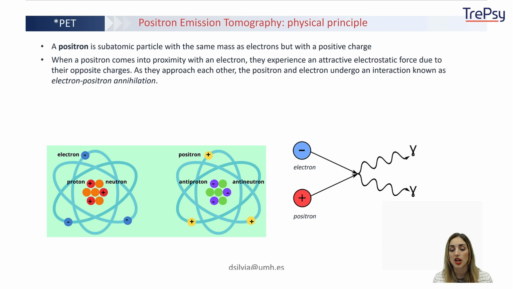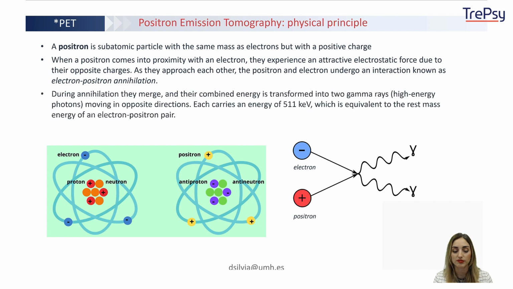As they approach each other, the positron and the electron undergo an interaction called electron-positron annihilation. During annihilation, they merge and the combined energy is released as two gamma rays, which are high energy photons, moving, and this is very important, in opposite directions. Each one carries a very specific energy of 511 kiloelectron-volts, equivalent to the rest mass energy of an electron or positron, for the conservation of energy.